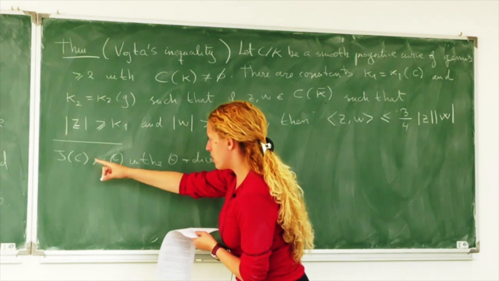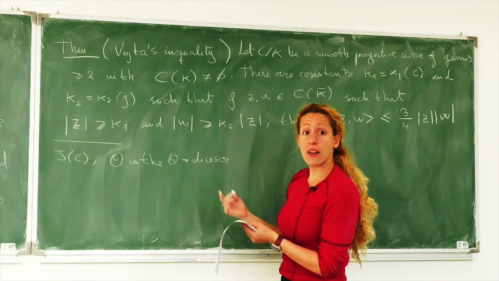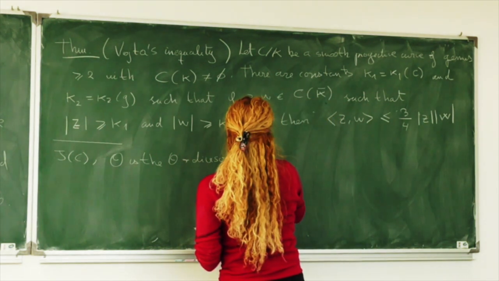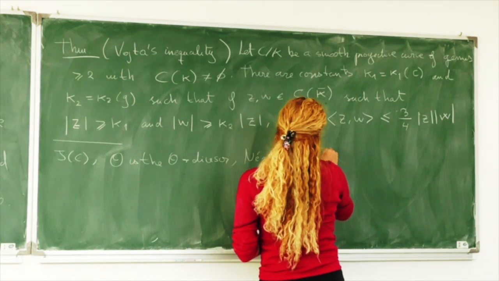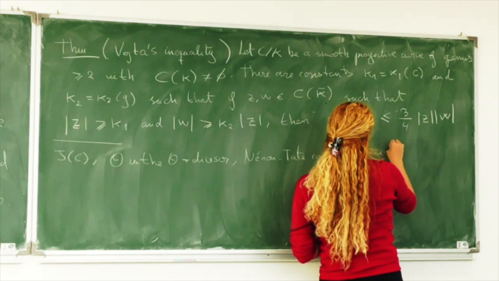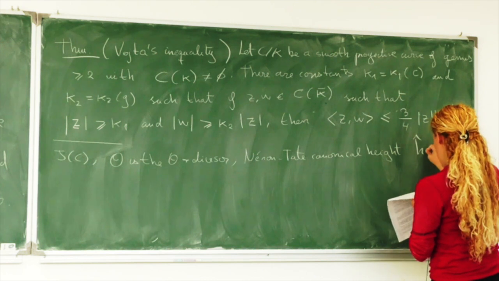So we have an abelian variety, we have a divisor, so we have the canonical height, the Néron-Tate canonical height, that we denote like this.